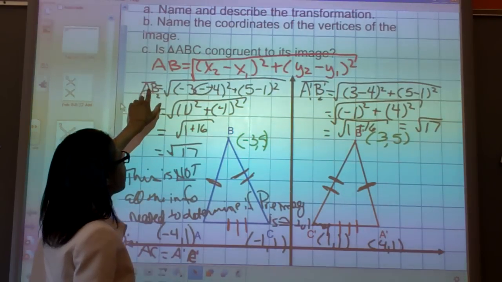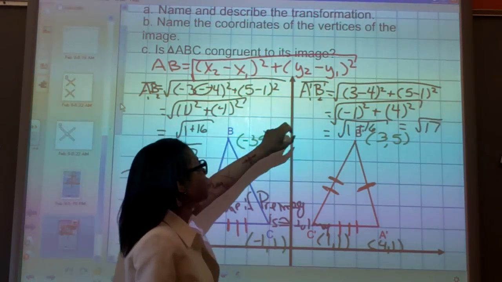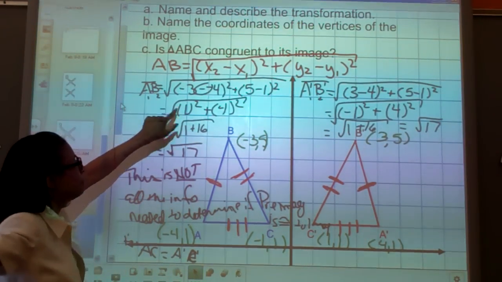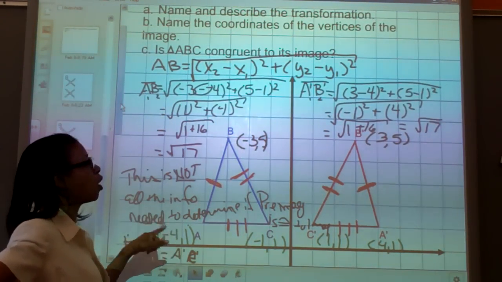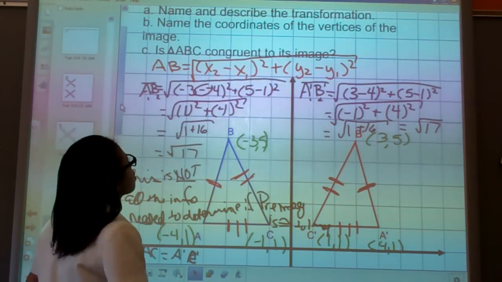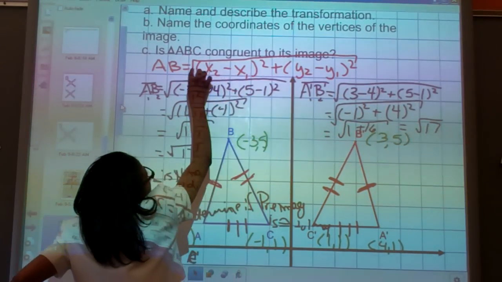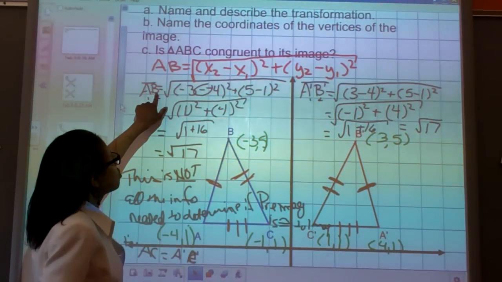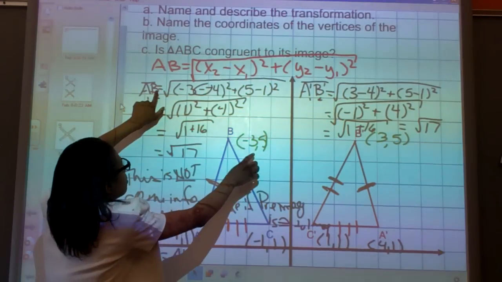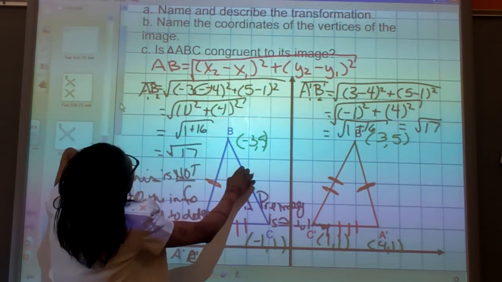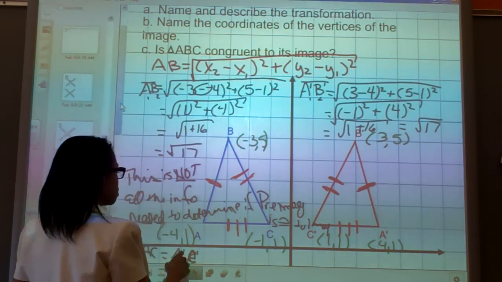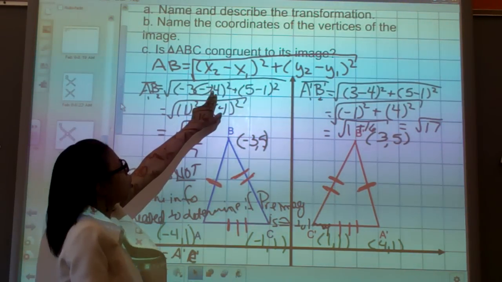Well, I started to find out if AB is the same length as A prime B prime. Well, what did I name my 2's? I let the B's be the 2 and the A's be the 1. Remember, we had to classify which ones are going to be your A's and the B's. Okay? So here's our equation for distance. And if B's are the 2's, that's x of 2 minus x of 1. So the B's will be first. X of 2 is going to be negative 3 minus x of 1, which is my A's, minus a negative 4.